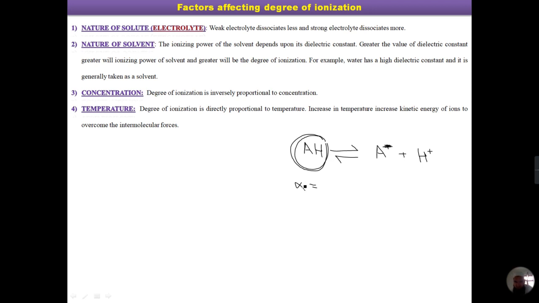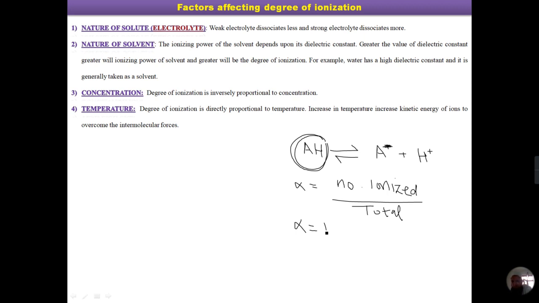So the degree of dissociation is the number of molecules ionized or dissociated in a solvent divided by the total number of molecules dissolved. Now the question is very simple: if more molecules dissociate, the alpha will be very high. And the maximum value of alpha can be 1. That means when all the molecules get dissociated once you dissolve them in the solvent.